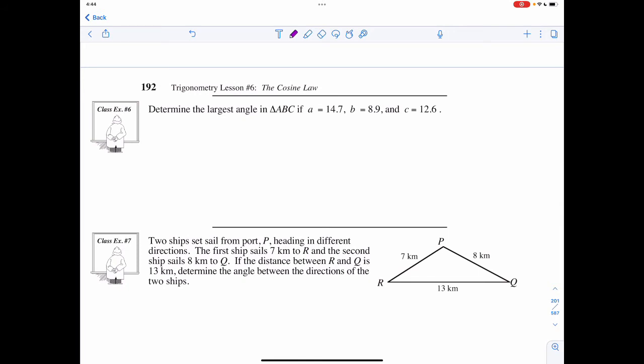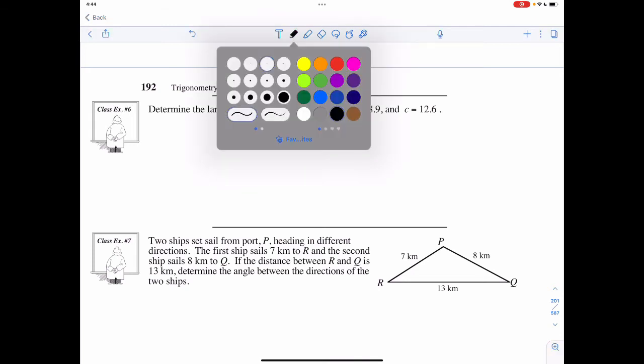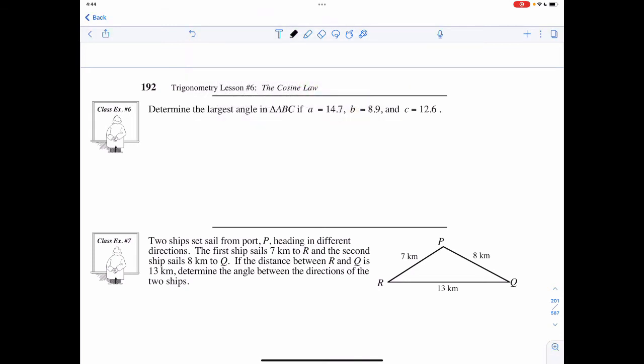So if it says determine the largest angle in triangle ABC, well, I'm going to just draw a non-right angle triangle. Doesn't have to be perfect.